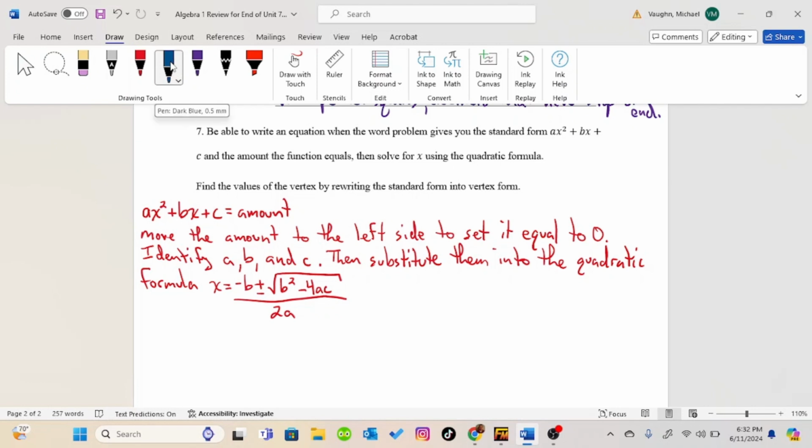And the last thing they'll have you do is find the values of the vertex by rewriting the standard form into vertex form. You do this by completing the square. So you take ax squared plus bx plus c equals the amount.